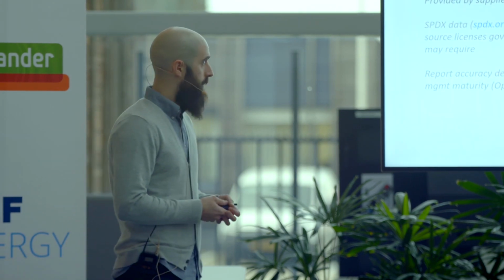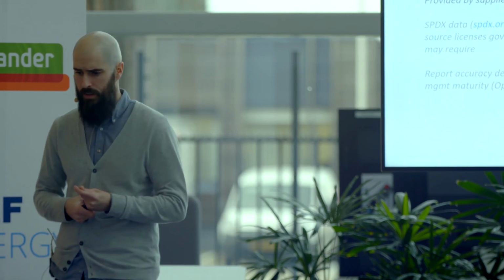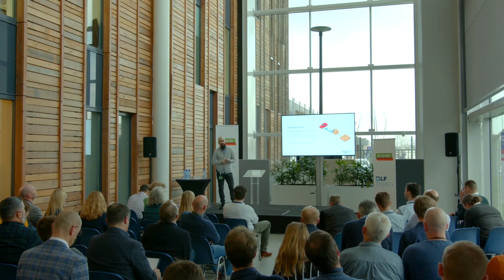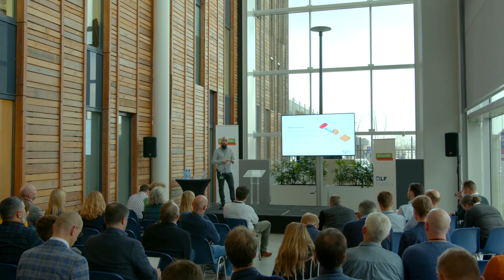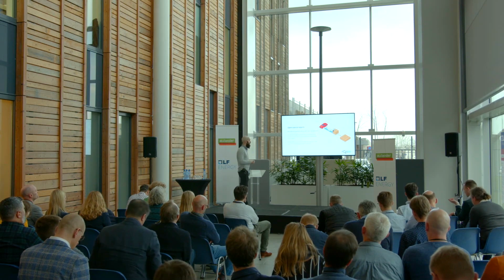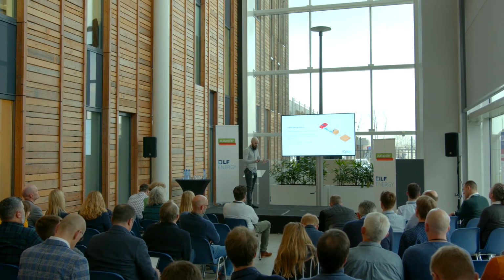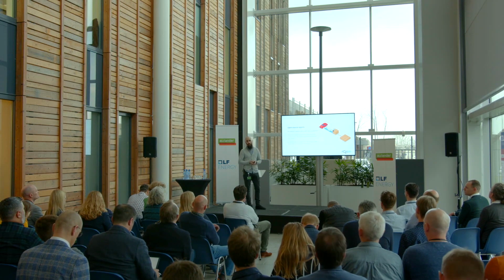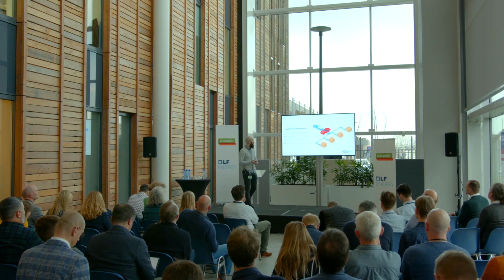So OpenChain is a great initiative, and they have this certification. There's a company in Germany that's even pushing for an ISO certification as well. So I think this is probably going to become more and more serious in the coming years. Anyways, you get that software package, and then you get a report with it, and you have to trust that.